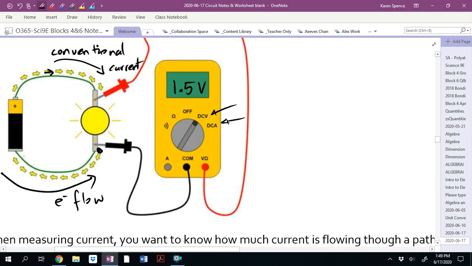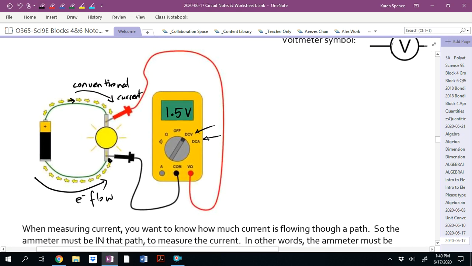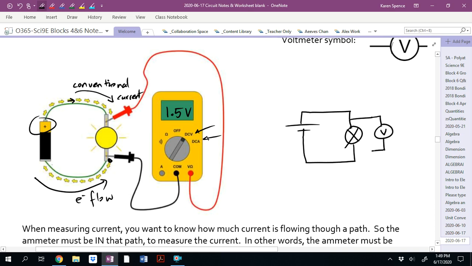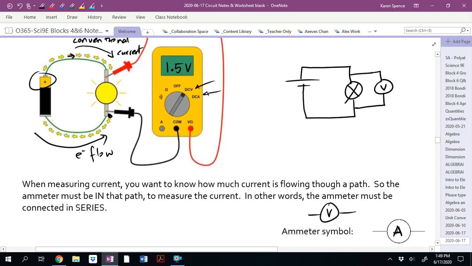Okay, here we go. All right, let's draw this puppy. Circuit diagram. I have my positive terminal on the top, my negative terminal on the bottom. I have a light bulb here. I'm going to show you 2 ways to draw this. You can either draw your voltmeter like this. Or, ooh, this is going to be fun.